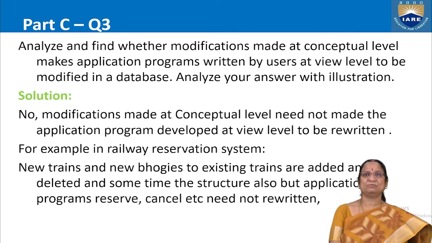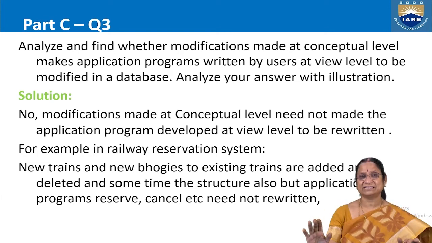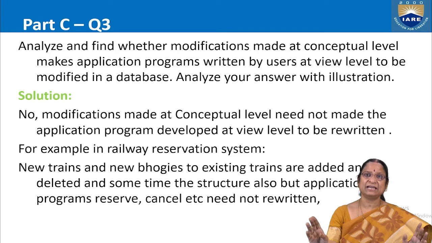I'll give one more example, which all of us have experience with: the railway reservation system. All of us know how to book a ticket. Let us assume it was developed in the 1980s; at that time, whatever the rails, tracks and routes were, they stayed as they are. No new trains are added, no new routes are added. Keeping at the conceptual, logical level, new trains are added, new bogies are added to the trains.